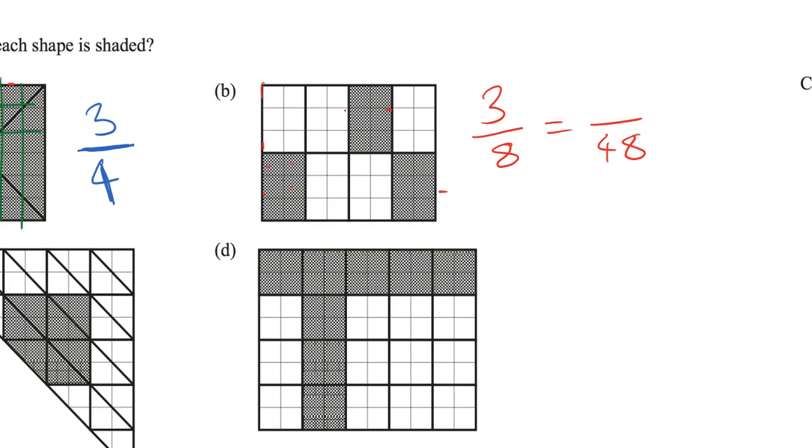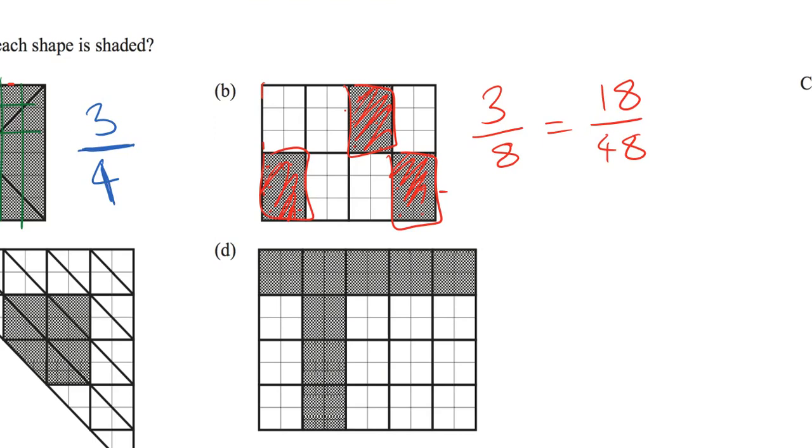Well, there are going to be 6 there in the bottom left, another 6 there at the top in the middle, and another 6 there on the bottom right. So that is 18 squares shaded out of 48. So you can see with this example that 3 out of 8, so 3 of these boxes, is exactly the same as 18 out of 48.